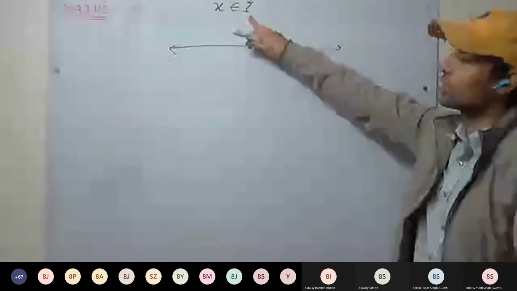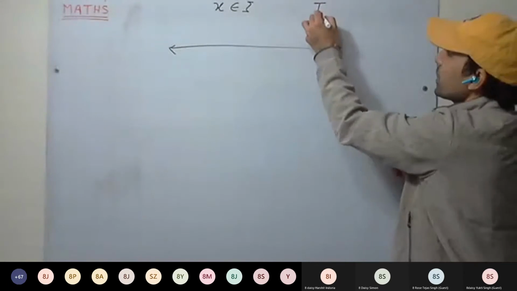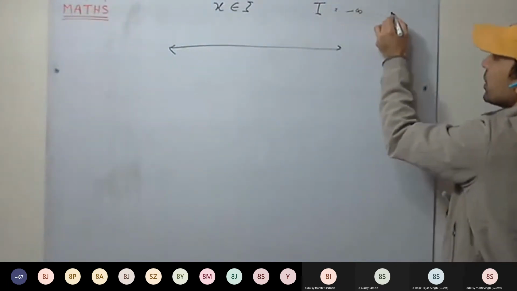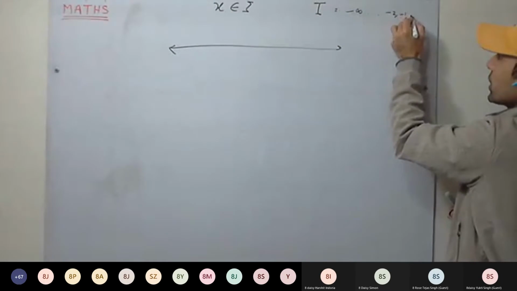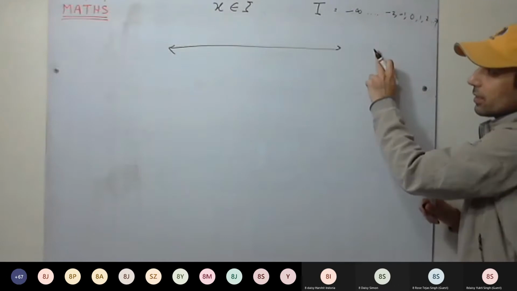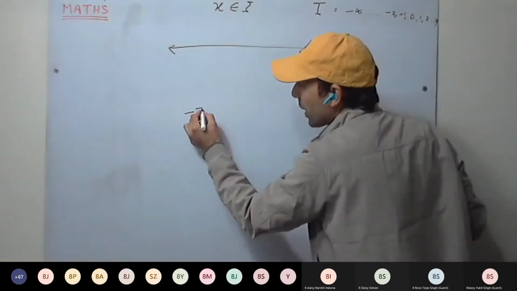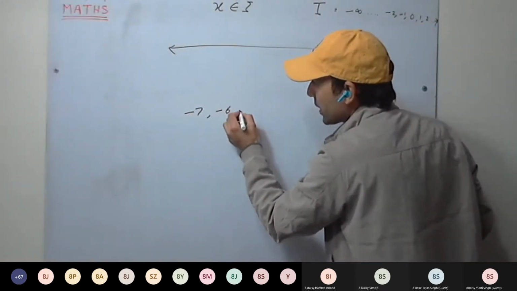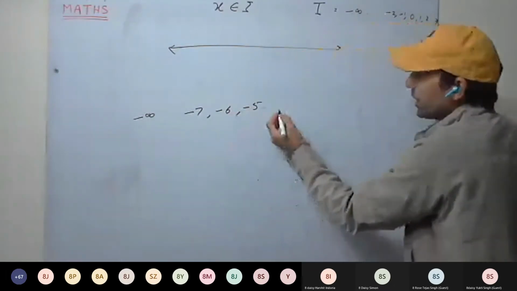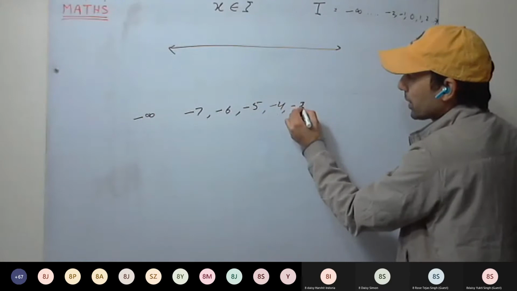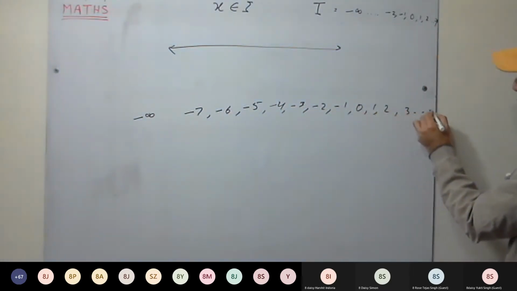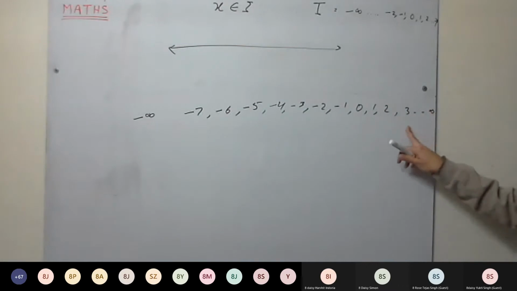Integers are minus infinity, minus 7, minus 6, minus 5, minus 4, minus 3, minus 2, minus 1, 0, 1, 2, 3, up to infinity. These are integers.